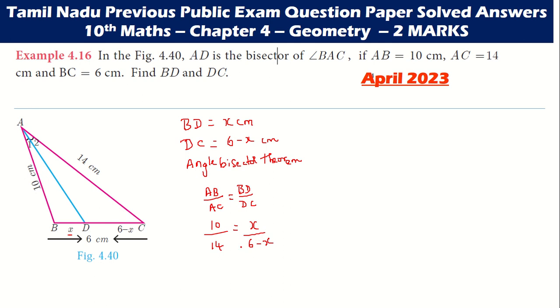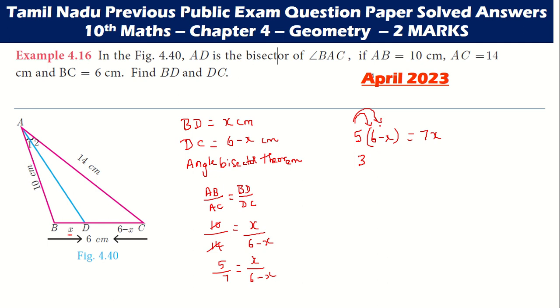So இப்போ இதை கிராஸ் மல்டிப்ளை இப்போ கேன்சல் பண்ணிங்கன்னா 2 tables இதை கேன்சல் பண்ணிங்கன்னா 5 by 7 is equal to x by 6 minus x. So இப்போ அதை கிராஸ் மல்டிப்ளை பண்ணும்போது 5 of 6 minus x which is equal to 7x. அதற்கப்புறம் 5 6 are இந்த வேல்யூ இங்கே மல்டிப்ளை பண்ணுங்க.